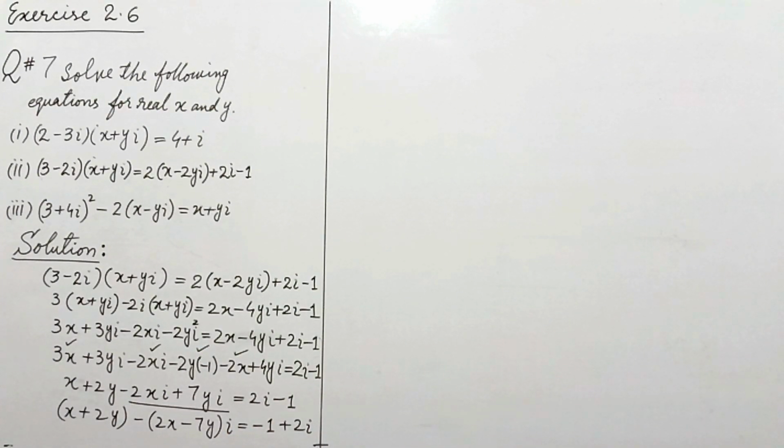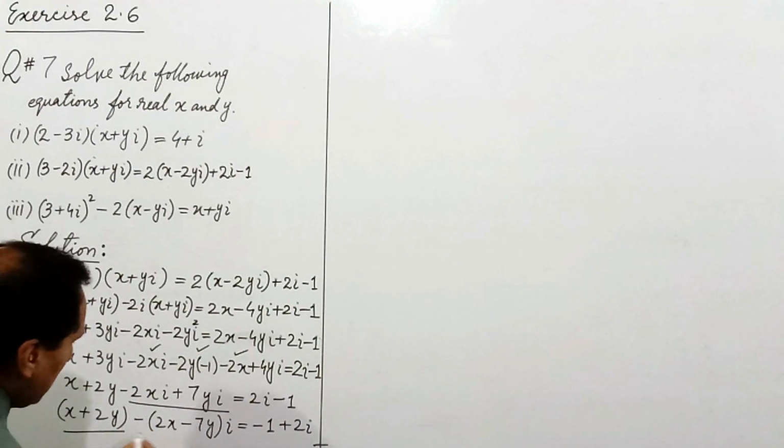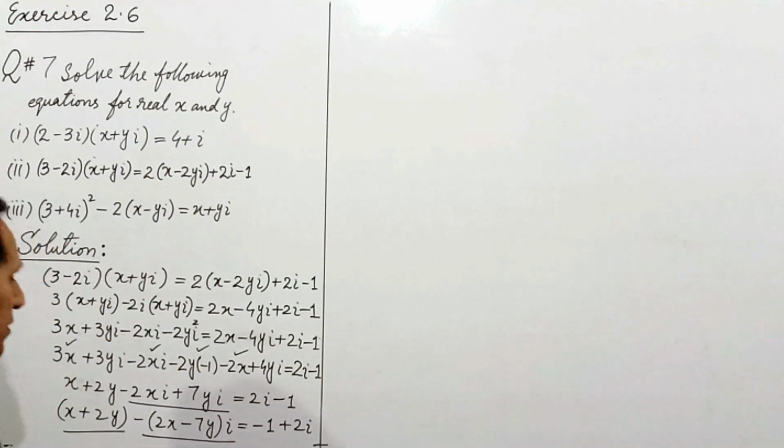Now we observe that we have a real and an imaginary part, meaning we have a complex number on the left hand side as well as on the right hand side. It means we have two equal complex numbers and we can compare their real and imaginary parts.